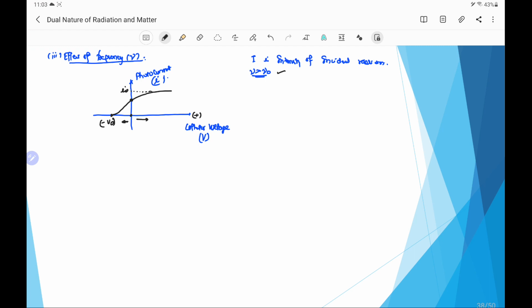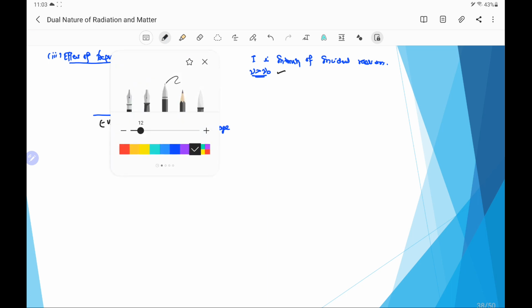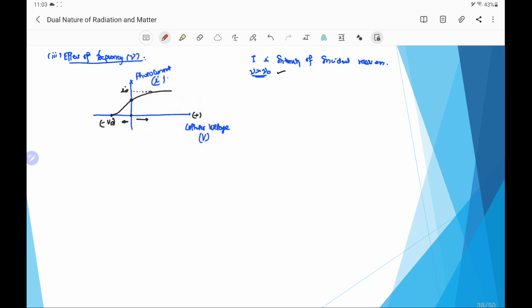For the same intensity, if the frequency of the incident radiation is increased, suppose this is the graph for the frequency nu 1. Now we increase the frequency. The intensity is the same, so this maximum current will be the same.